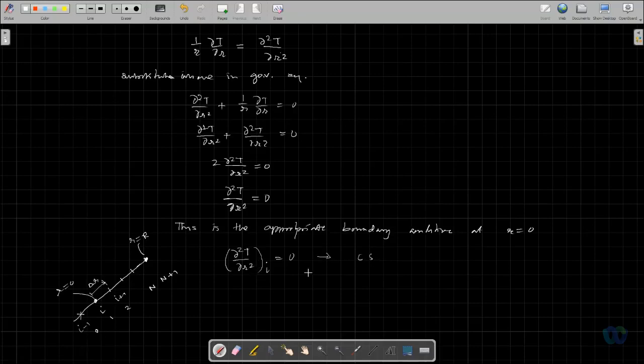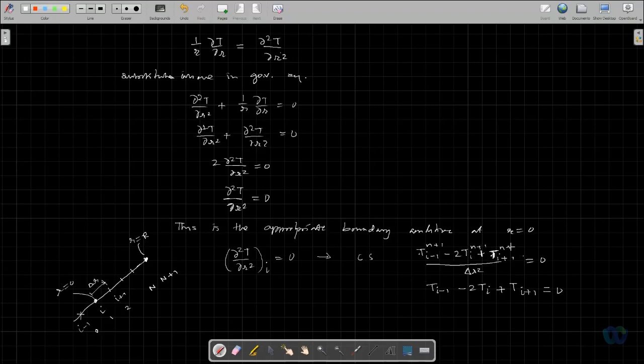Central in space. Okay. So using central in space, what value will you get? ti minus 1 minus 2 ti plus ti plus 1 over delta r square is equal to 0. Okay. So what you can write is ti minus 1 minus 2 ti plus ti plus 1 equals 0. And all these are at n plus 1.